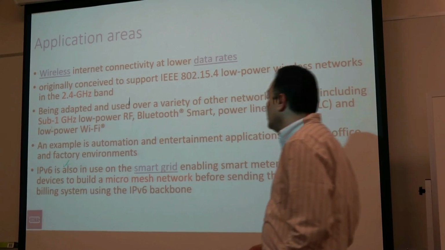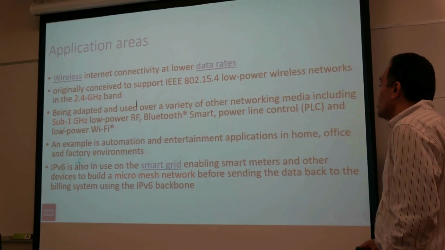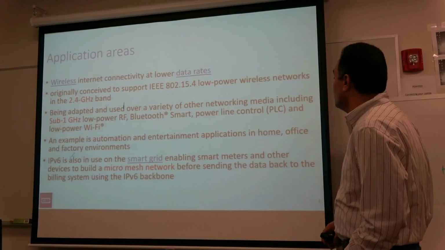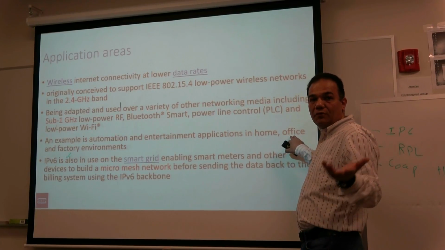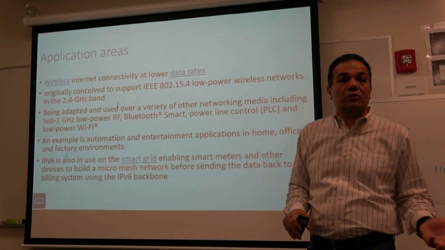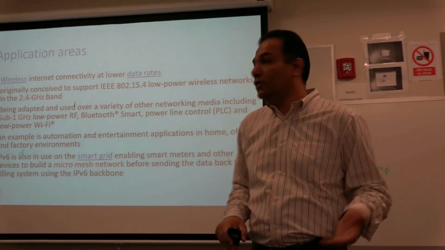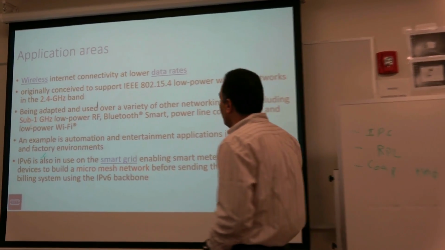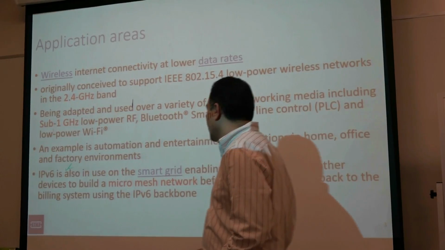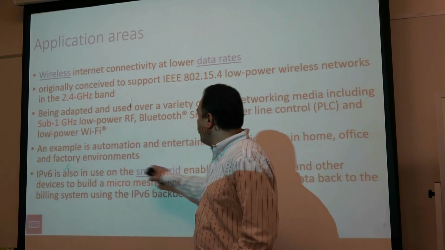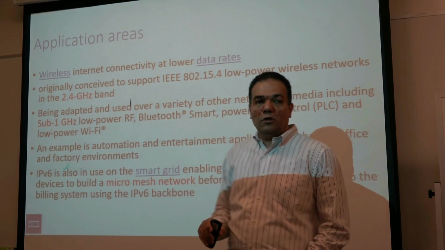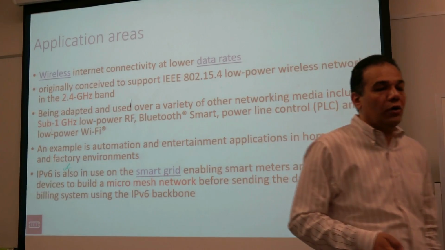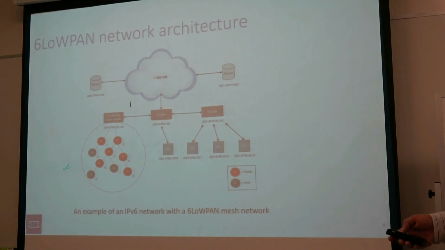An example is automation and entertainment, home, offices, examples of these devices, like the electrical meter and water meter and all of that. And these are part of the smart grid. So we're trying to create a mesh network, as we will see in a second.